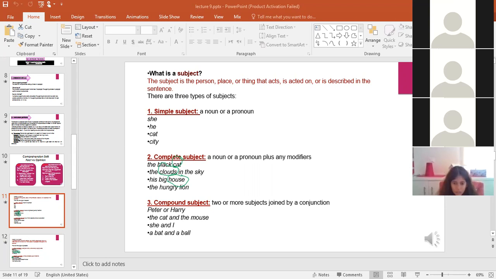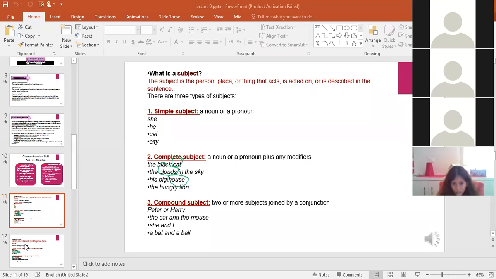You mean the affirmative sentence? No, the affirmative sentence is a positive sentence. It's a sentence that tells you something or states something. It's a positive sentence. It's not a question. It's not a negative sentence. It's not an exclamatory sentence. It's just a sentence. Okay. Thanks, Miss.